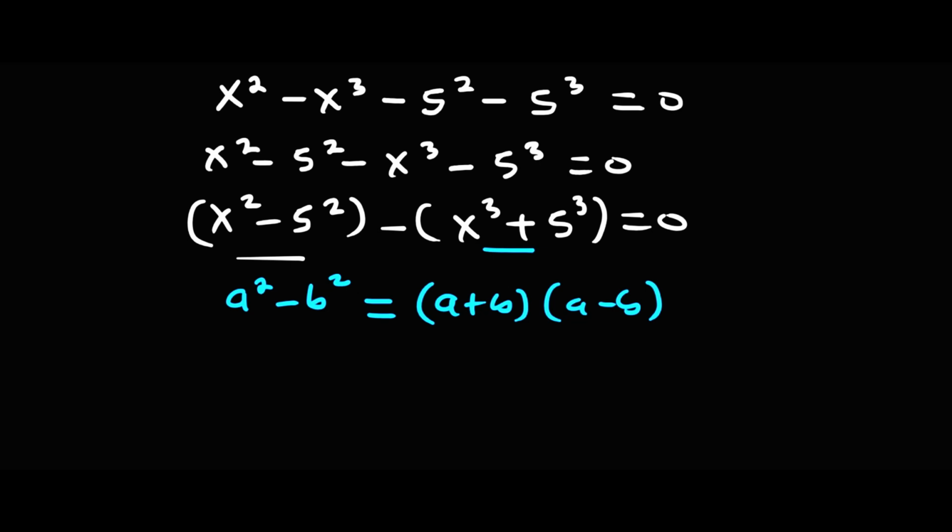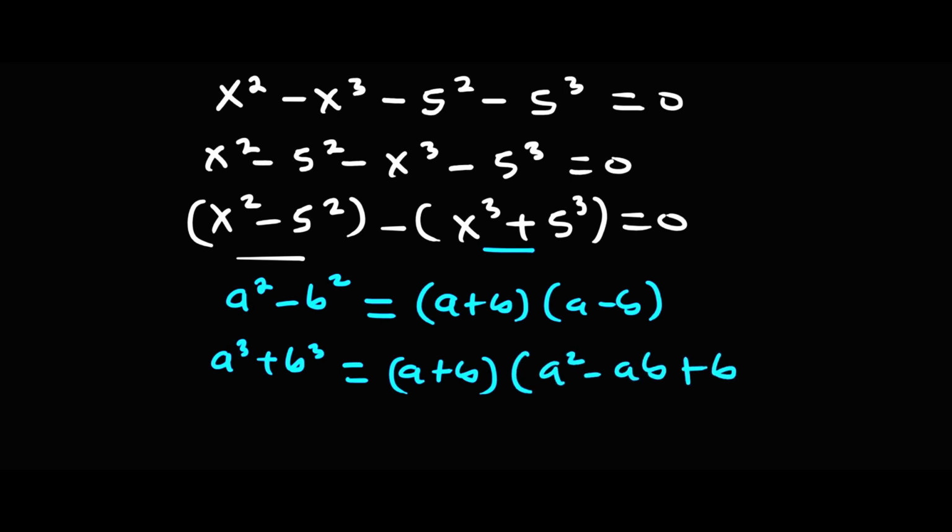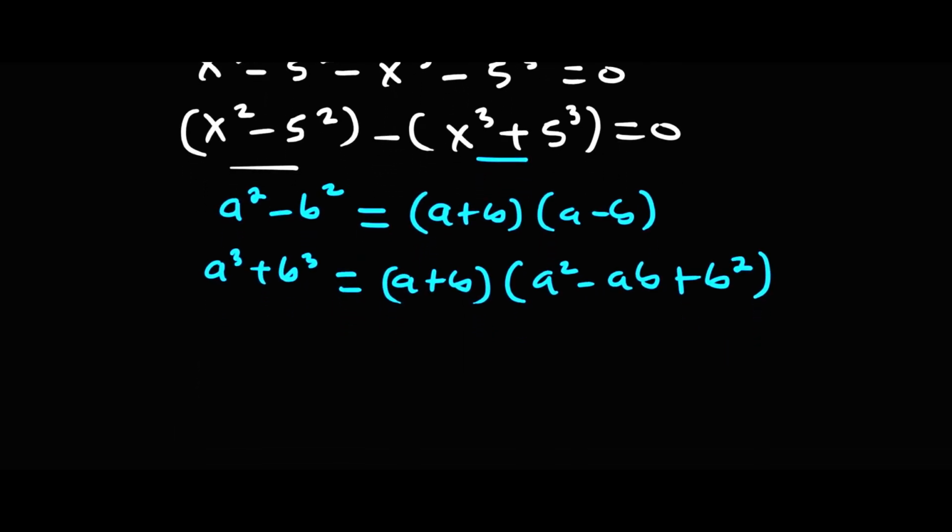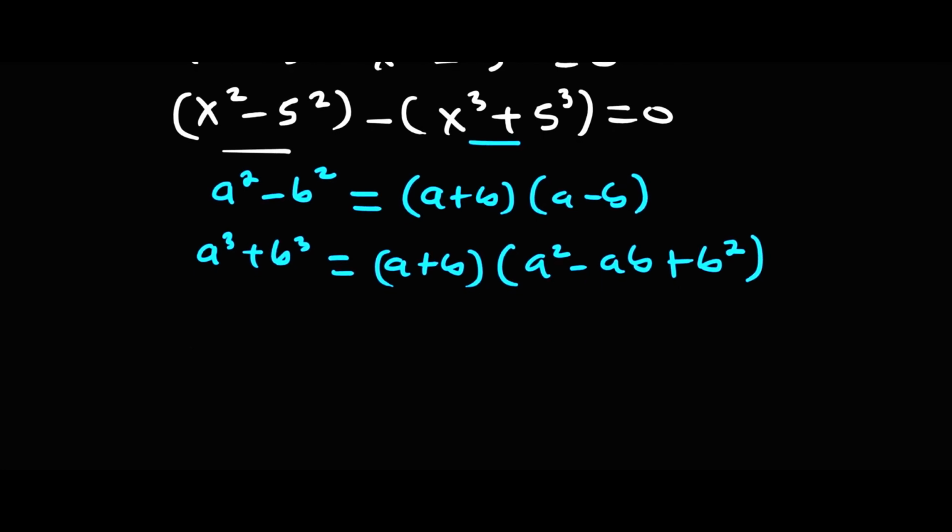And then for the second bit, we can use the cubic identity, that is a cubed plus b cubed can be written as a plus b into a squared minus ab plus b squared. So let us implement these two identities into our expression. So we're going to have x squared minus 5 squared, which will be x plus 5 into x minus 5.